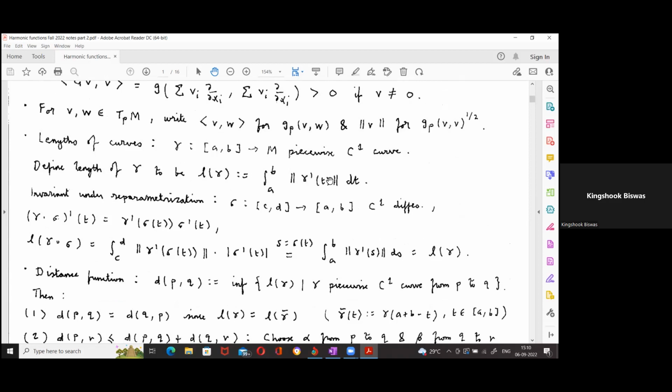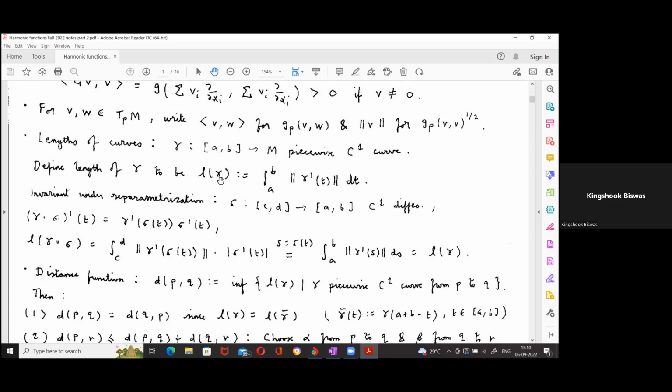Here norm means g of (gamma prime, gamma prime) to the power half, right?